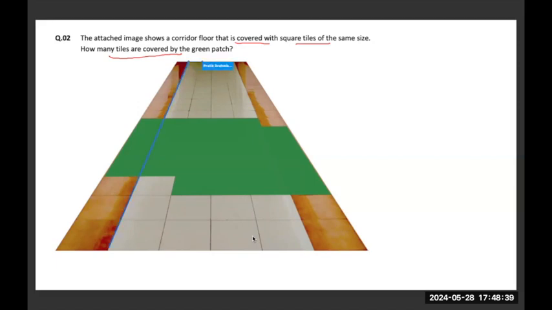For your ease, I'm just going to draw the pattern, so it becomes easier. This is the pattern of the groove lines.